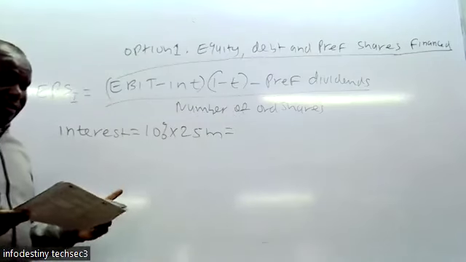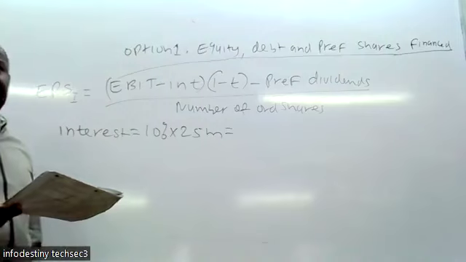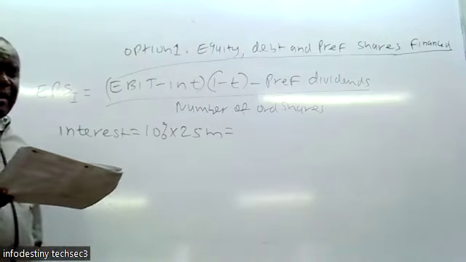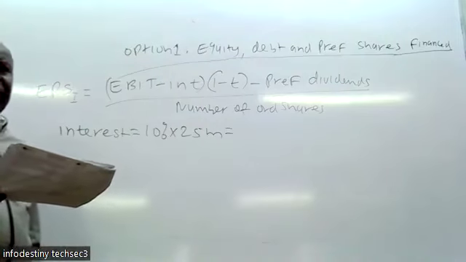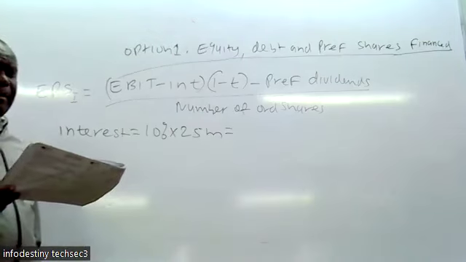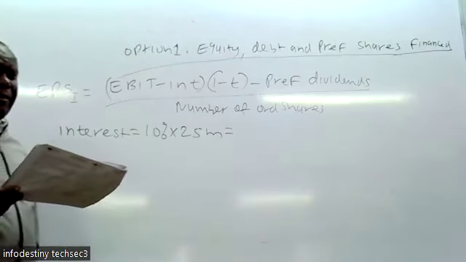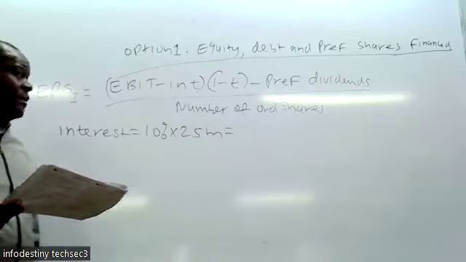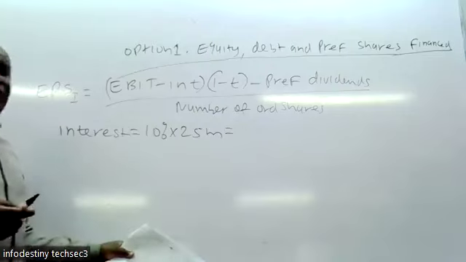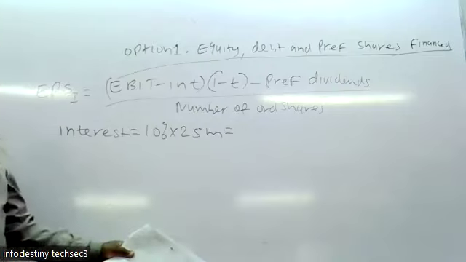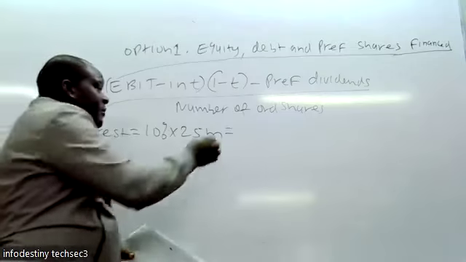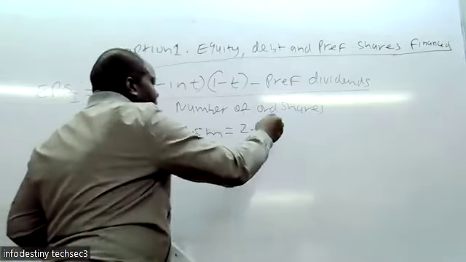That information is in the capital structure. It is there. Under the capital structure, we have the ordinary share capital, 10% debenture, 12% preference share capital, and also the reserves. So 10% of 25 million gives us 2.5 million.